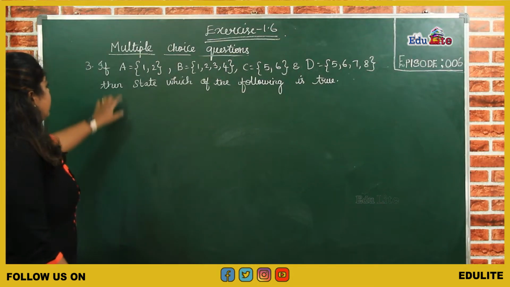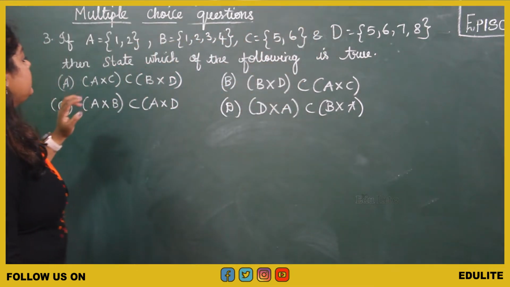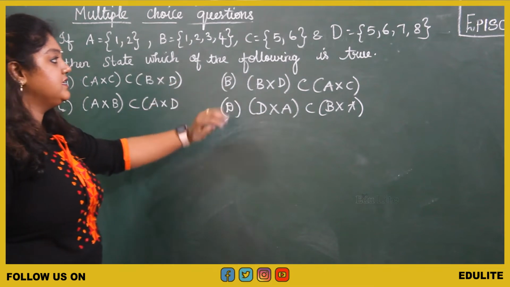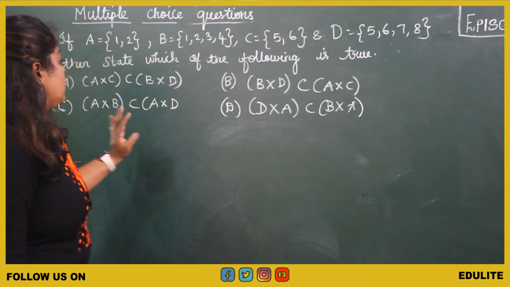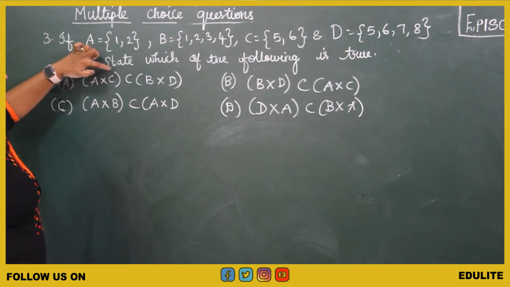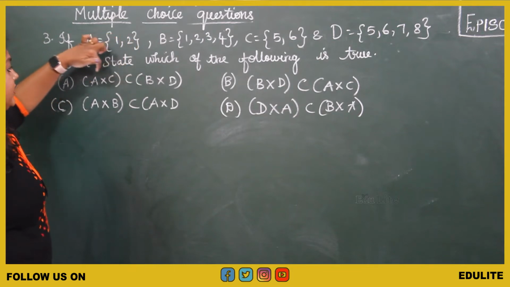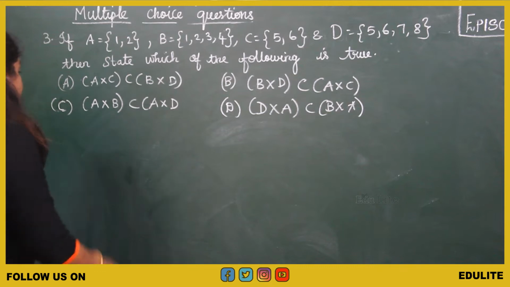Next question is, 4 sets of values A, B, C, D are given and we need to check which of the following statements are true. For that we have to do it one by one. First subdivision, what we are going to do is, we have to cross product A with C. We have to check whether A cross C is a subset of B cross D. Let us do it.